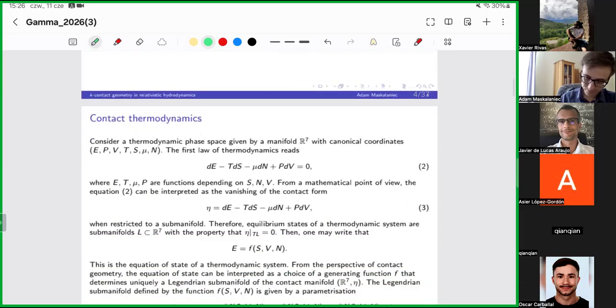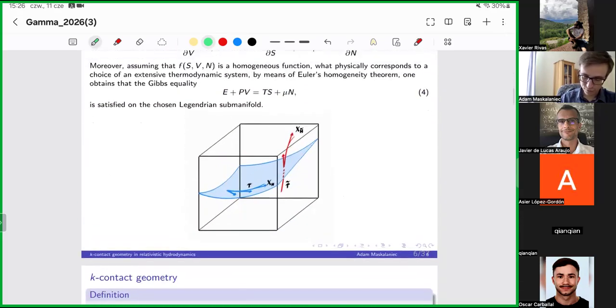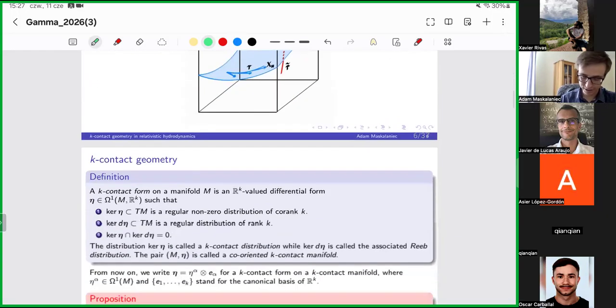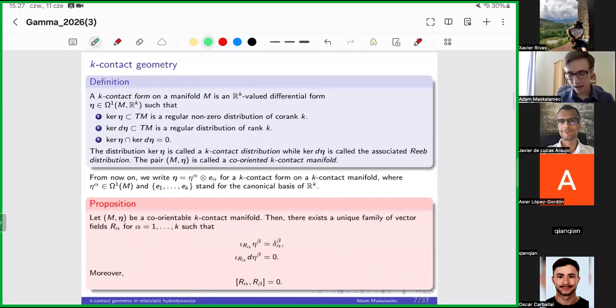So therefore, we had an idea to create a similar formalism for relativistic thermodynamics, as it was already done for thermodynamics using contact geometry, but we had to apply K-contact geometry. And this short introduction motivates the following definition. I will recall a kind of theoretical minimum on K-contact geometry that is necessary to understand what happens later.